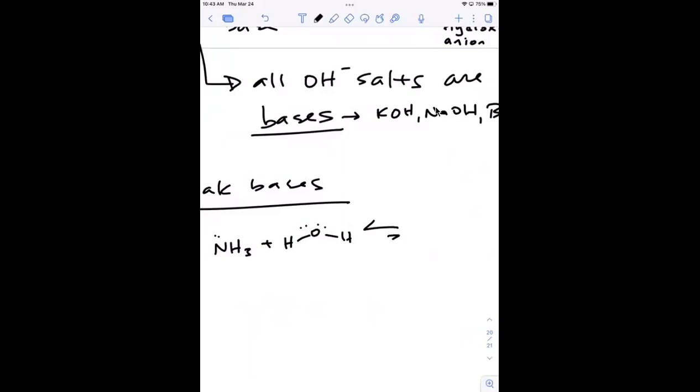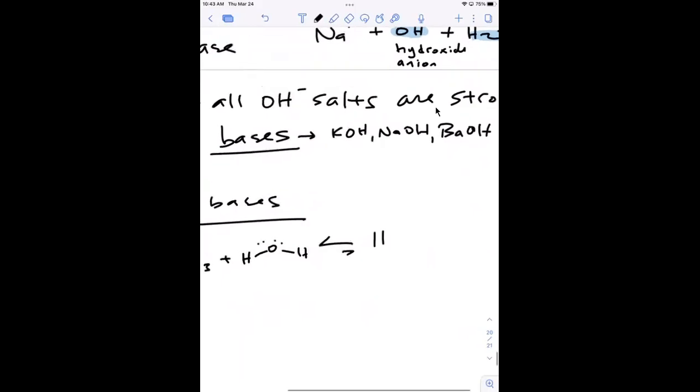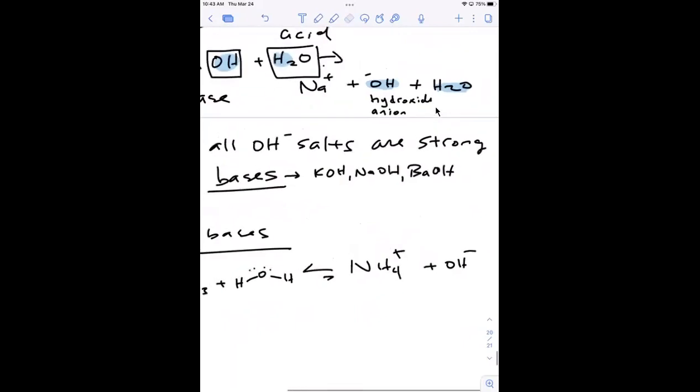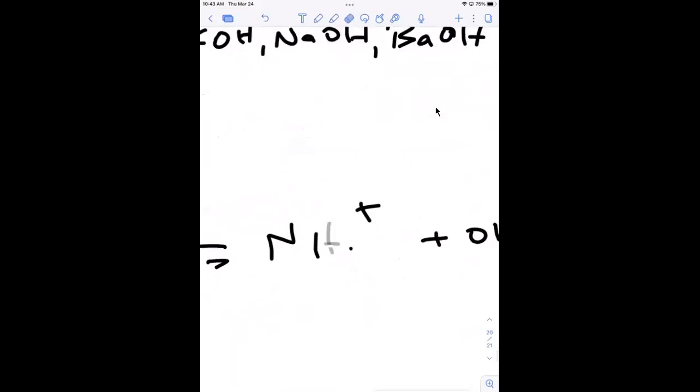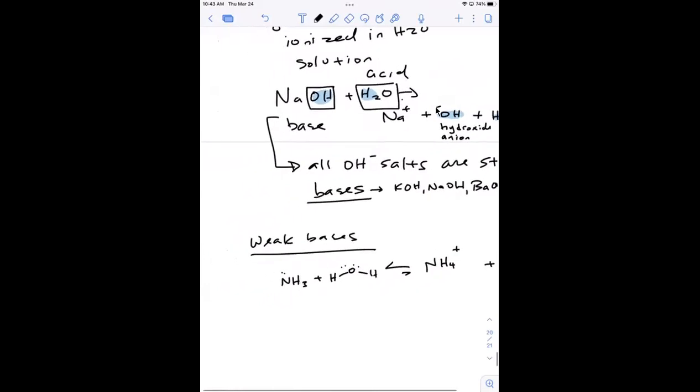So the equilibrium is going to lie to the reactant side. So this will be NH3 plus H2O, giving NH4 plus and OH minus. So let me kind of illustrate that. Right, so you can see here, this is water.